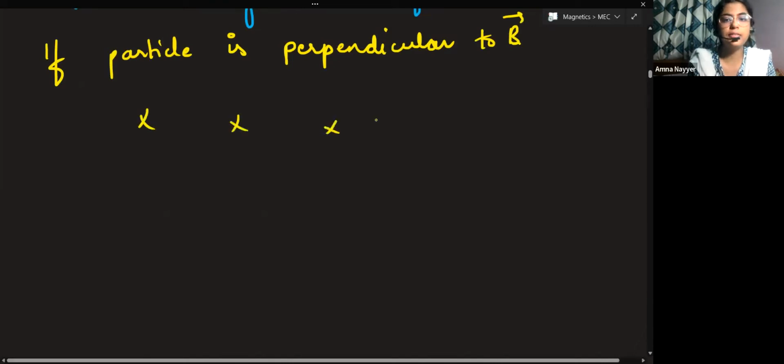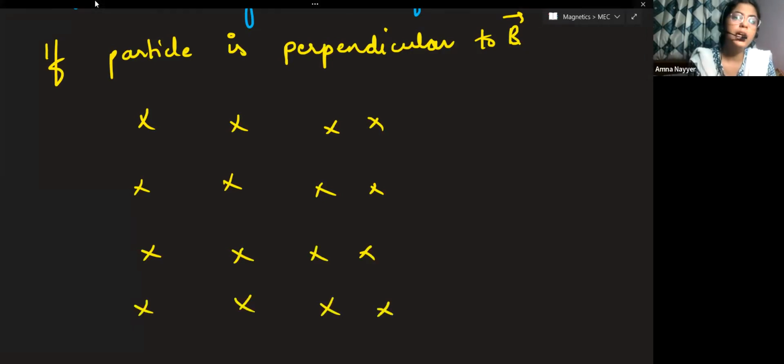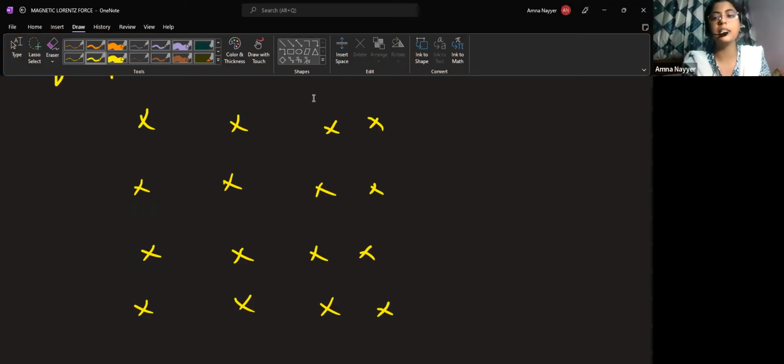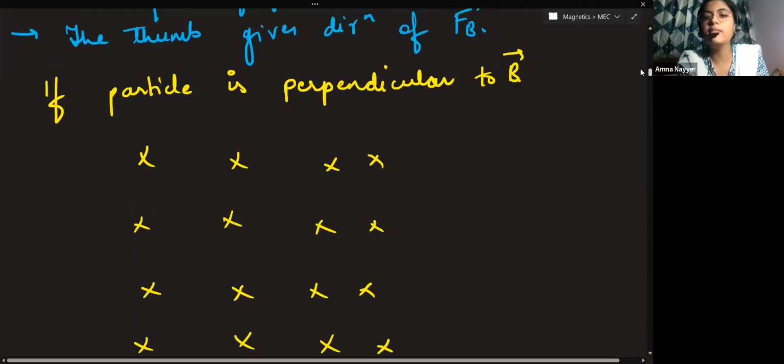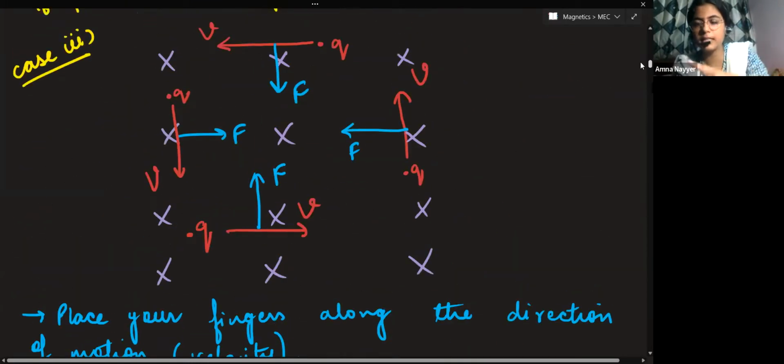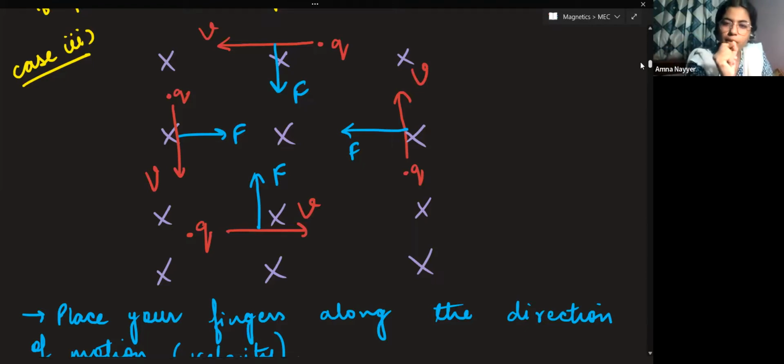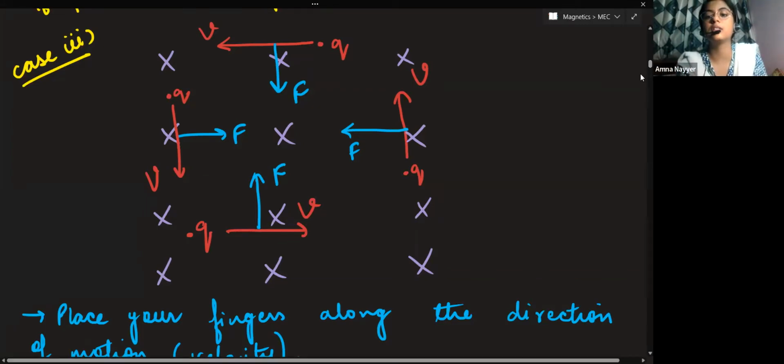Firstly, let's say these are the magnetic fields pointing inwards. Now the path, as you can see, we have taken broadly 4 paths. First part here, second part here, third part here. If you look closely, at every point, if you join all the dots, that becomes a circle. So basically, this was a circular motion only. At 4 random points, I had made you calculate the direction of force, but actually, if you join all the charged particles dot by dot, that completes a whole circle.